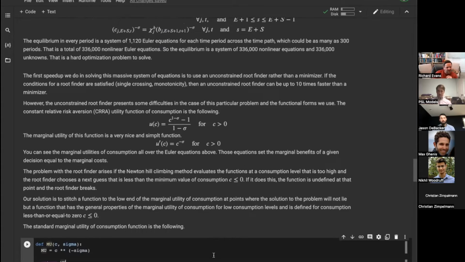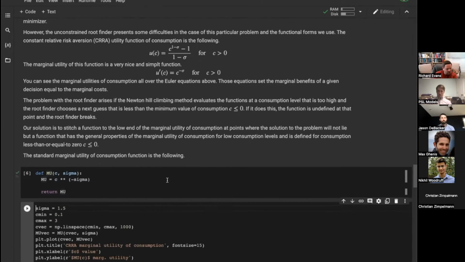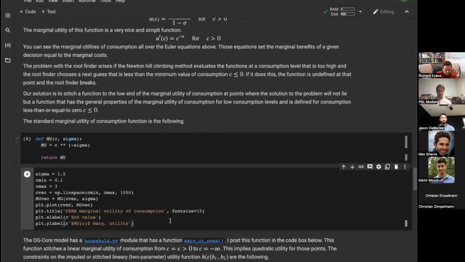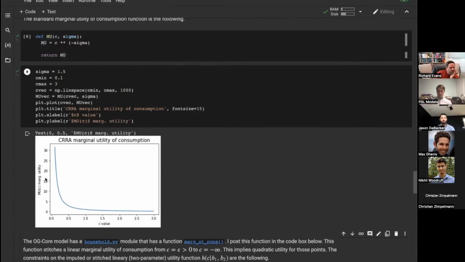And if I plot what that function looks like, I'm just going to execute these 2 blocks of code. The marginal utility function is really only defined for strictly positive consumption. And you're basically setting the marginal benefit of consumption equal to the marginal cost. So the right-hand side of those equations that I showed are some increasing function that crosses this, and the root is going to be where those 2 things cross.